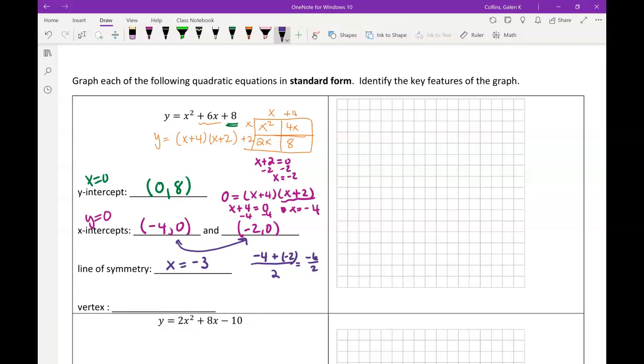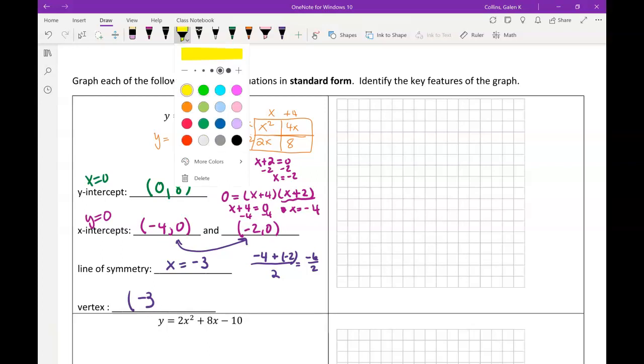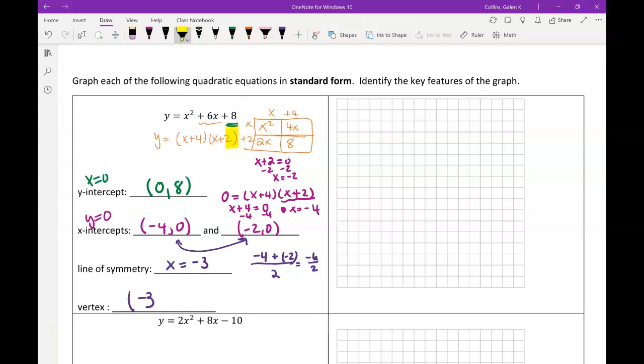And the reason we want to find that first is we know that that is the x value of our vertex. So once we know that x is negative 3, to find our vertex, we could substitute negative 3 for x into any form of our equation. We could use the standard form or the factored form. I think it's easier to do in factored form, but you could do either, or you could do one and then use the other to check.